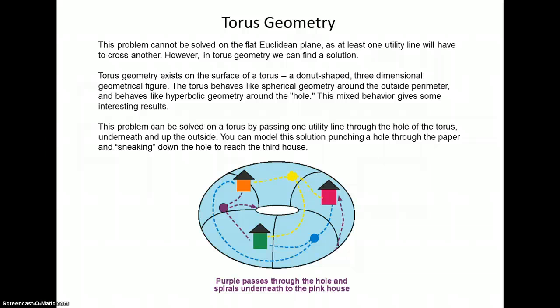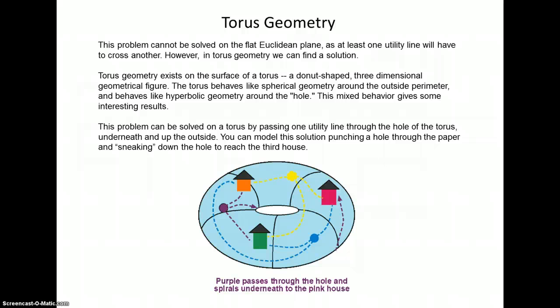Now, a torus is a math word for something that looks like a donut, something that has a hole in it. If we think of torus geometry as the surface of the donut, then we can solve this problem by having one of the utilities go down through the hole and sneak up on the outside. See where the purple utility sneaks through the hole and comes up on the back side of the pink house.